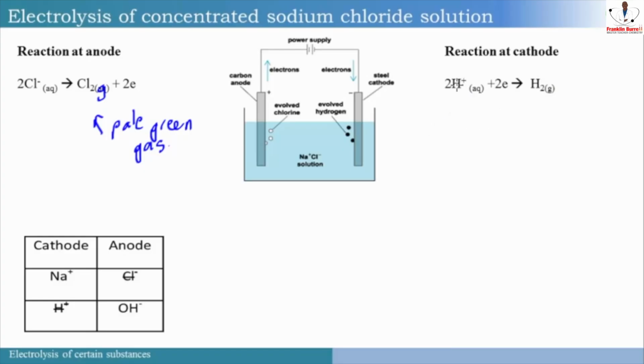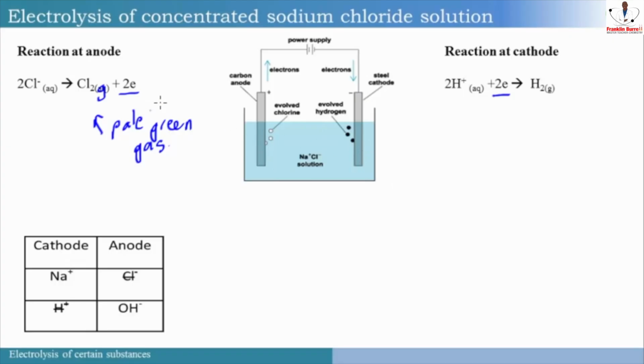So you should observe effervescence also. A very important thing to note is that when you have two gases being produced, the number of electrons lost must be equal to the number of electrons gained. And that will tell you which gas produces more effervescence than the other.